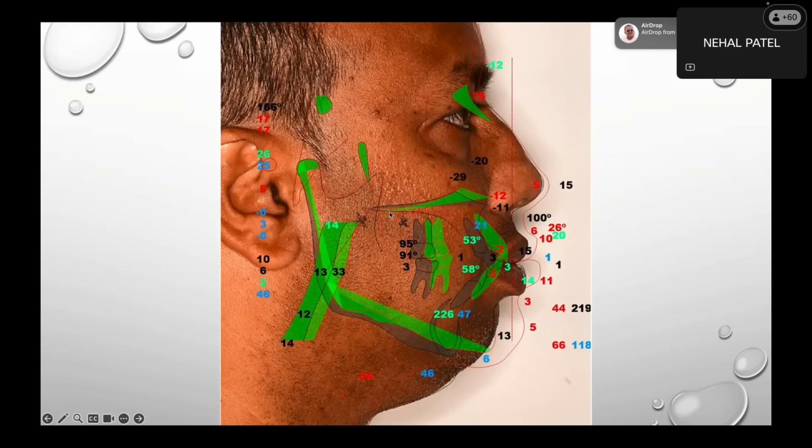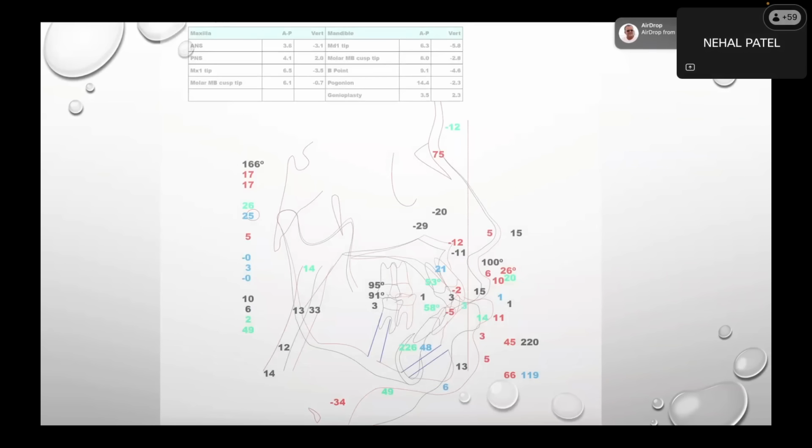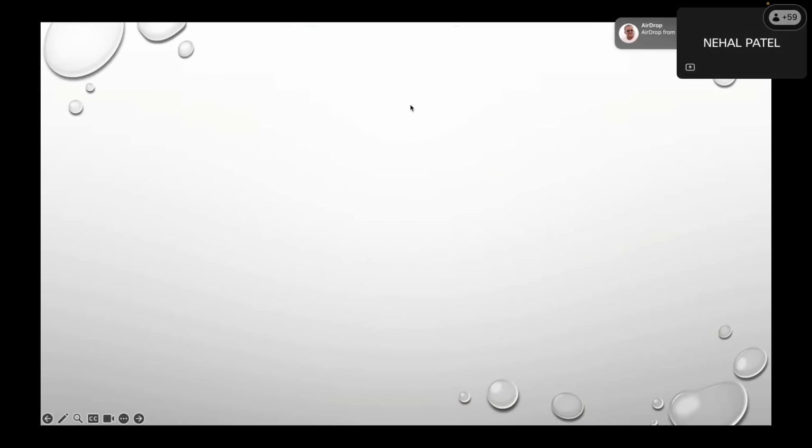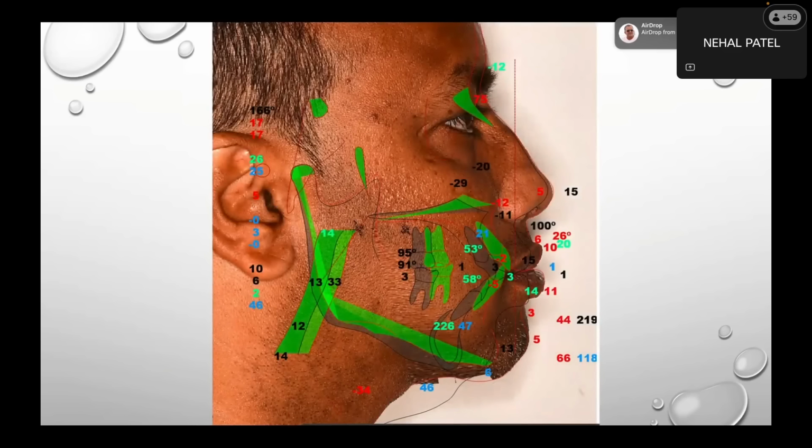So this is how I do it. When I see a patient like this, we analyze how much we can advance, what the impact of counterclockwise rotation will be on the airway, and what the impact will be on their aesthetic. This is the actual measurement where we have advanced more than 14 millimeter, and then we simulate how much the aesthetic change will be.